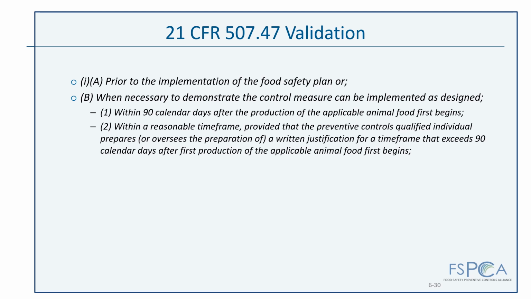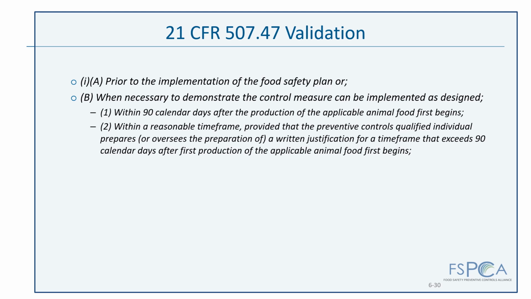But I think a good business practice would be to make sure you have everything validated before your compliance date that we looked at in Chapter 1. But again, you might already be past that date and maybe that's not possible at this point. There are also other situations where you could validate your preventive control by running a batch of feed, and that could be part of your validation process.